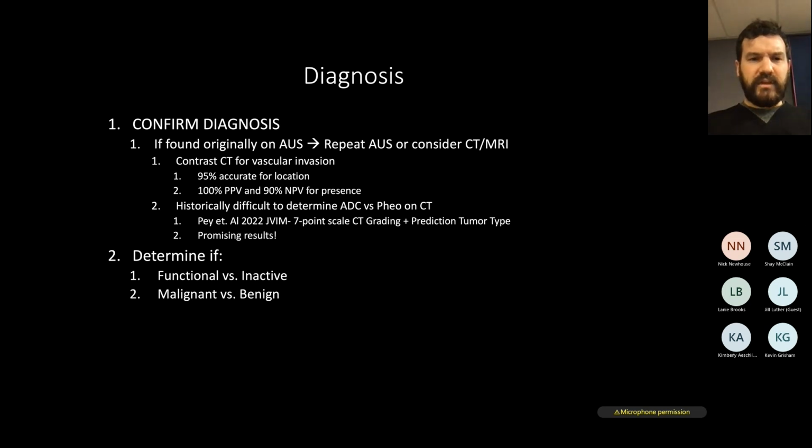So how do we get to a diagnosis? If roughly 4 to 10% of dogs undergoing more advanced, more sensitive abdominal imaging like CT or ultrasound are having these masses found, what do we do with that? So the first step is to actually confirm it. A large amount of the utility of an ultrasound is based on the person administering the ultrasound.